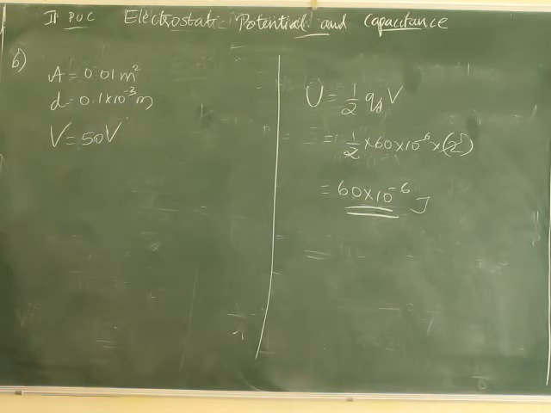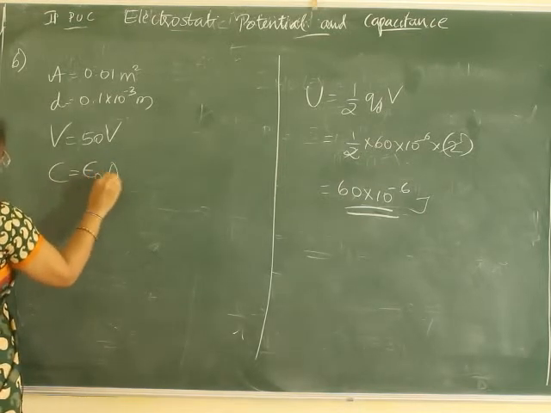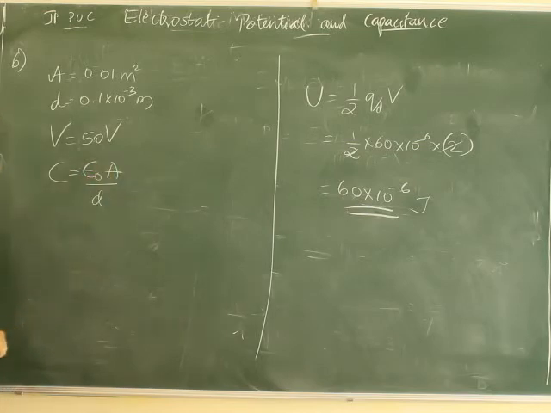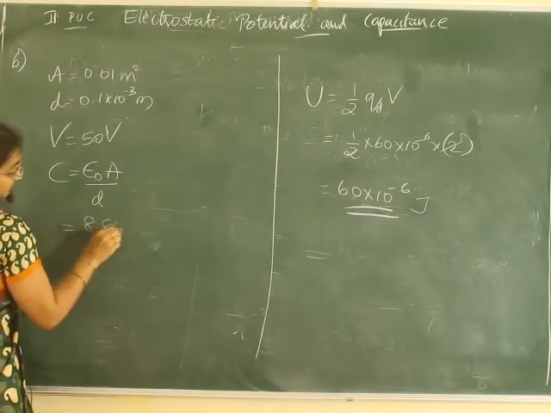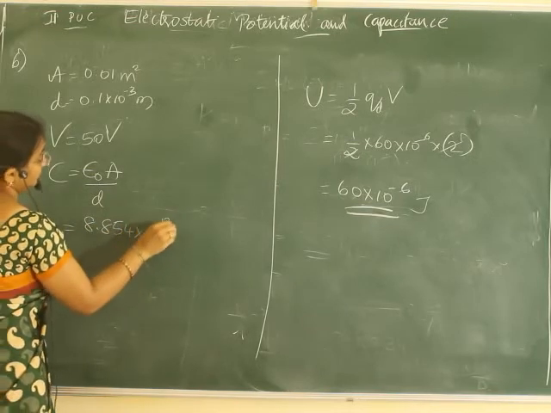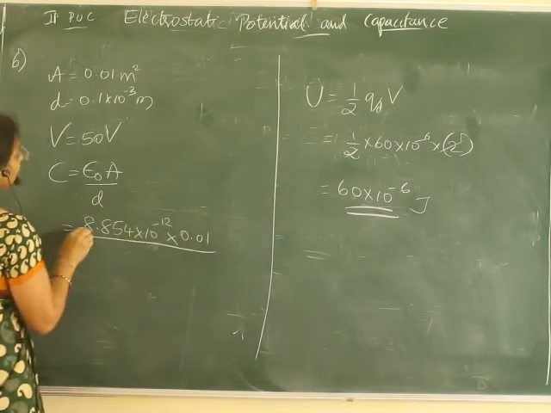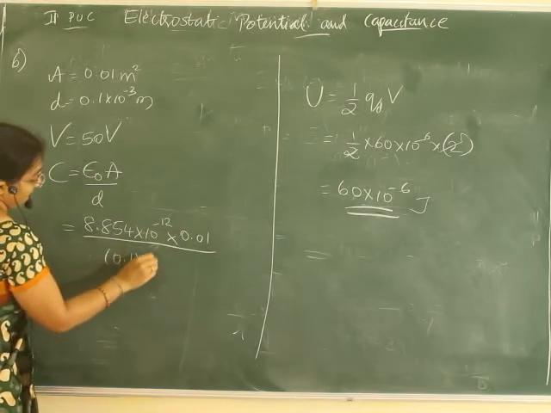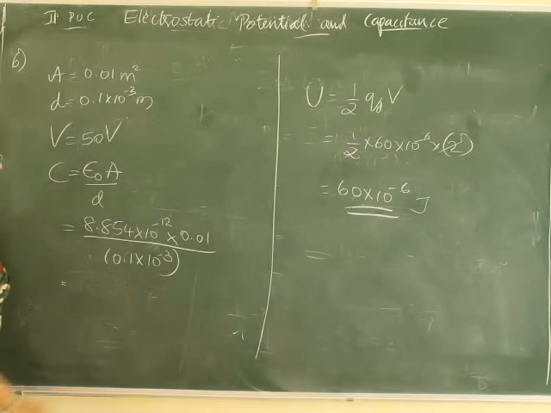What you have to calculate? Capacitance. Correct? Can you calculate? Area is there, D is there, you know epsilon naught also. Calculate. Take your calculator and give me the answer.